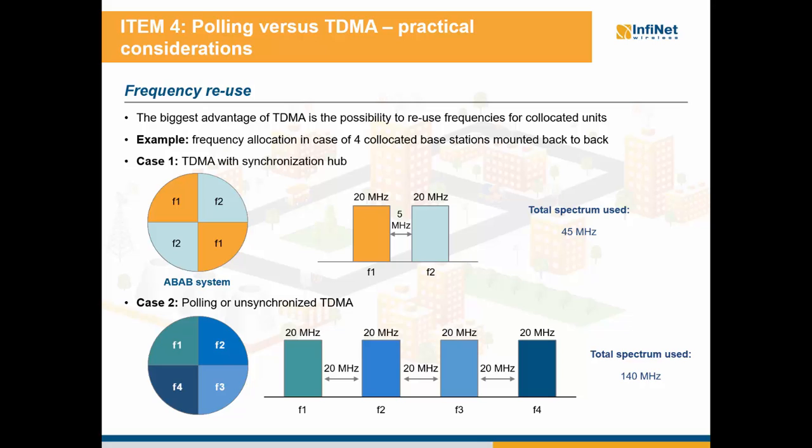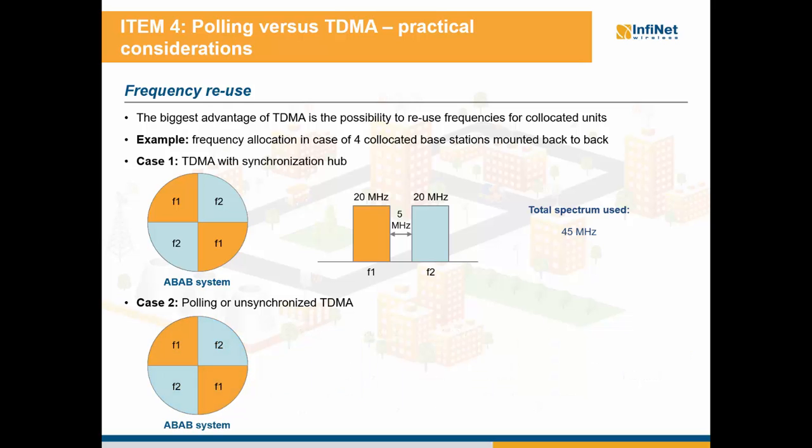That is a very large amount of frequency resources that we need, compared with the 45 megahertz we have for the previous case. So spending 140, as in this example, for the collocated base stations can be inefficient in some situations. We have to use, of course, other methods that will allow us to reuse the frequencies, like in the case of the above system.